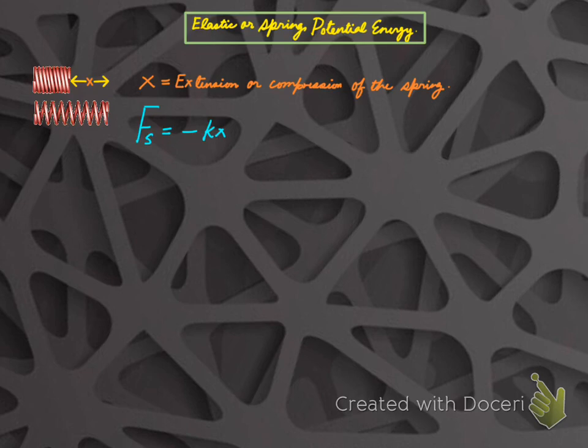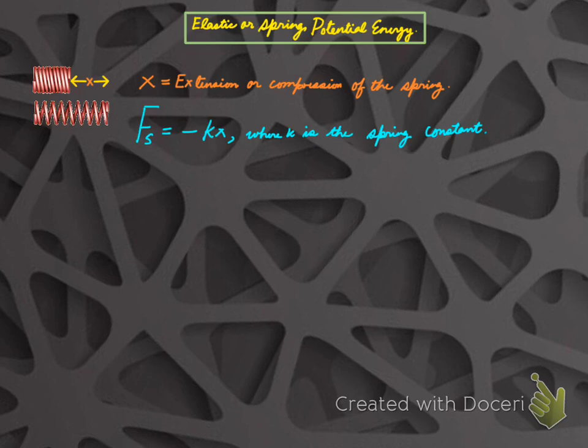Now, anytime a spring's length is changed from its undisturbed length, the spring tries to get back to its undisturbed length. And the farther you extend or compress the spring, the stronger this force is. It turns out that the spring force is negative k times x, where k is the spring constant and x is the extension.